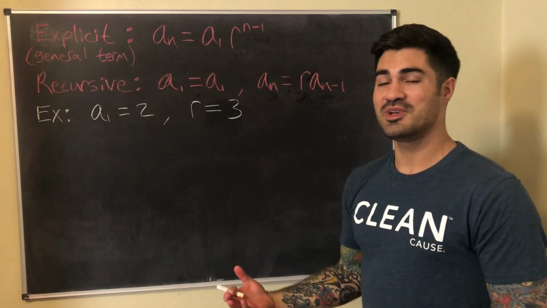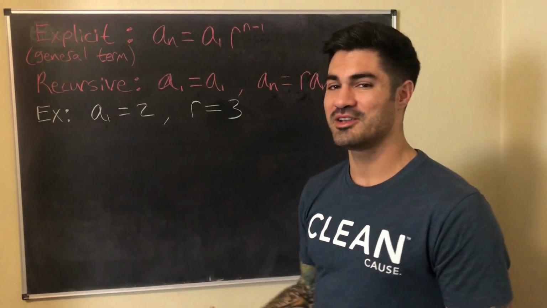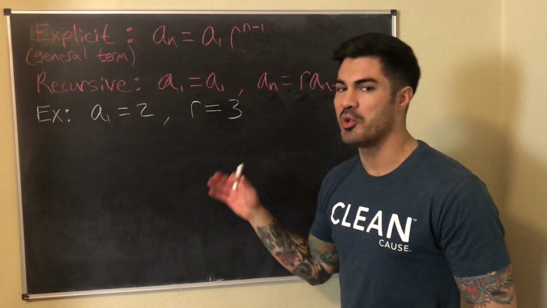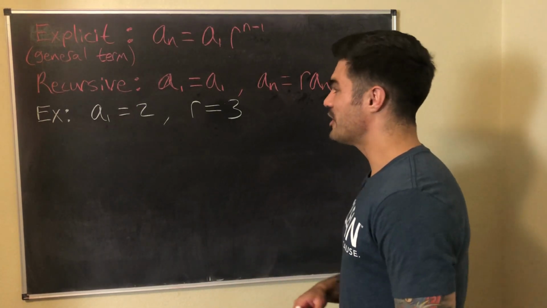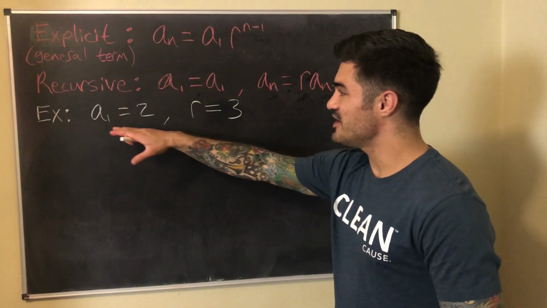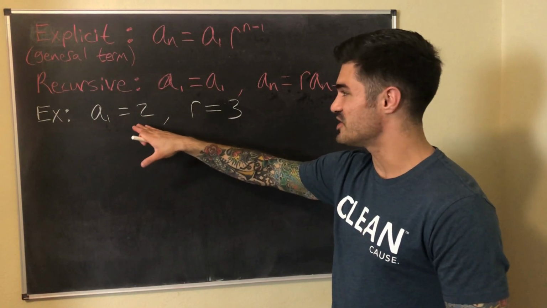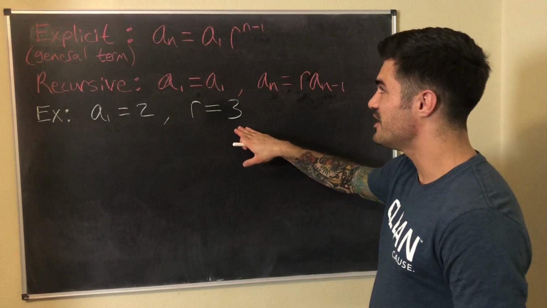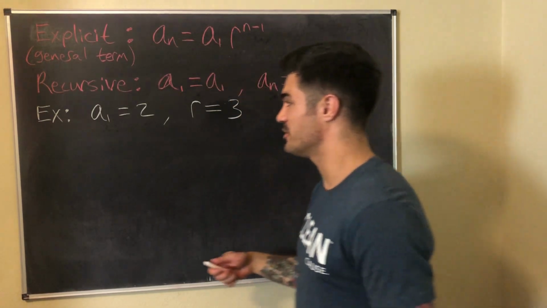There's another way to do it that I like a lot that is a little more intuitive, similar to what I did with the arithmetic sequences. I'm going to show both ways in this part of the video, and then you can decide which way you like better. So first, let's find the explicit formula given that the first term of this geometric sequence is 2 and the common ratio is 3. Let's see if we can find the explicit formula. So first, let's just use this formula, right?